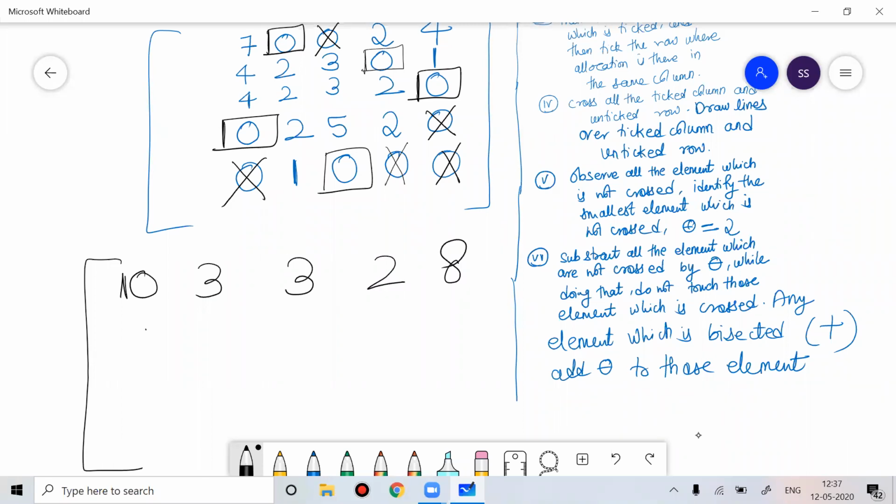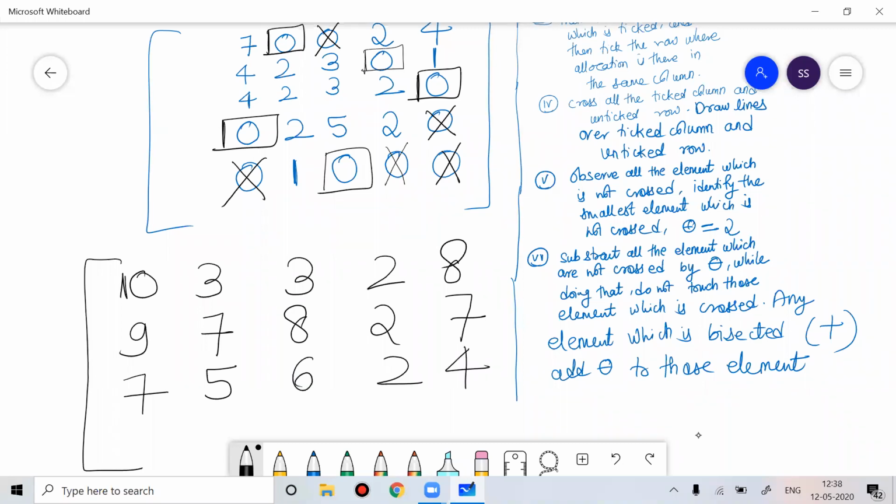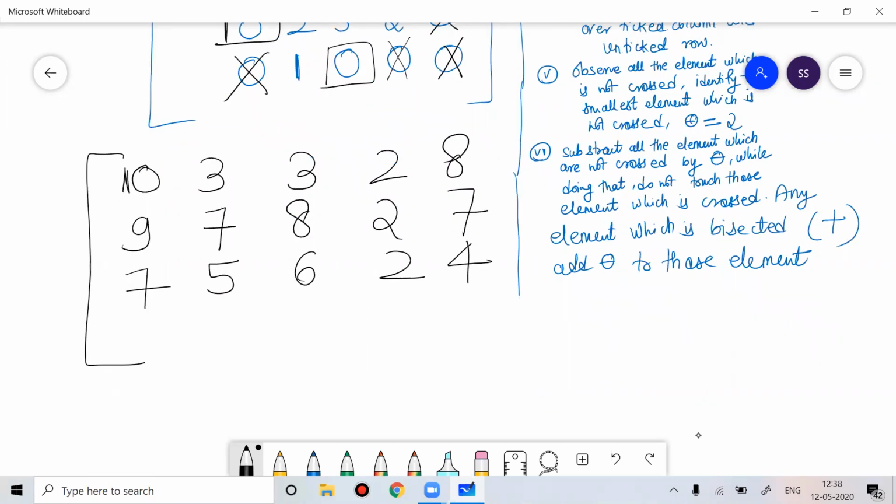Then 9, 7, 8, 2, 7. Then 7, 5, 6, 2, 4. Then 3, 5, 8, 2, 4, then 9, 10, 9, 6, 10.